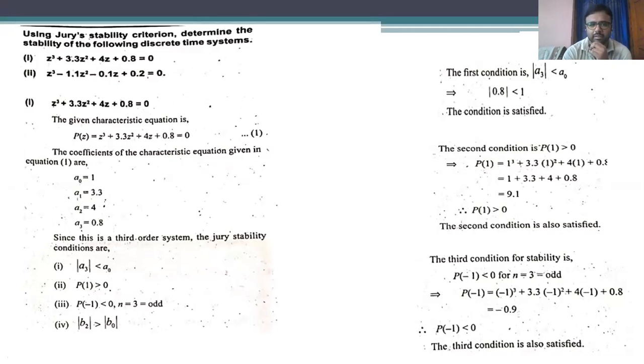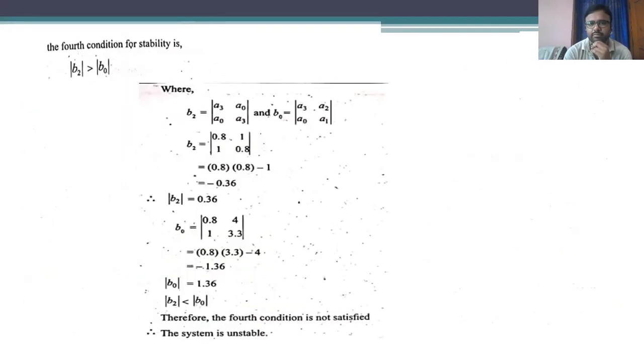The remaining fourth condition is modulus of b2 should be greater than modulus of b0. For that, we have to frame the Jury stability table. Based upon this elementary matrix, we determine the values of b2 as minus 0.36 and b0 as minus 1.36.